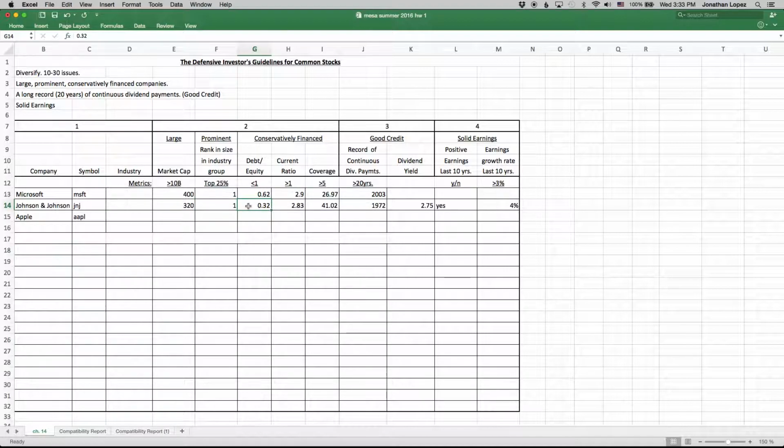Debt to equity ratio less than 1. Current ratio greater than 1. Coverage greater than 5. Means they're conservatively financed. Good credit: they've paid a dividend since 1972, which is more than 20 years, and the yield is 2.75%. Their earnings have been positive in the last 10 years, and they've grown at least 3%, in this case 4%.